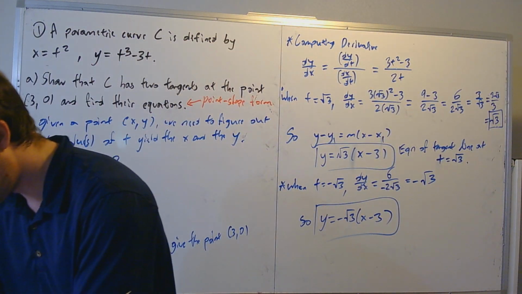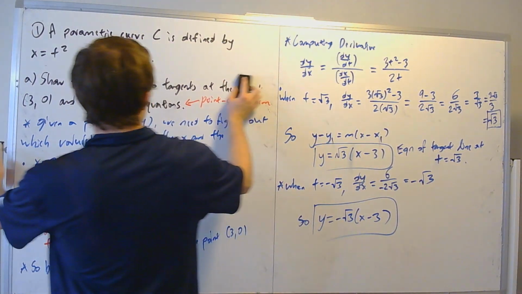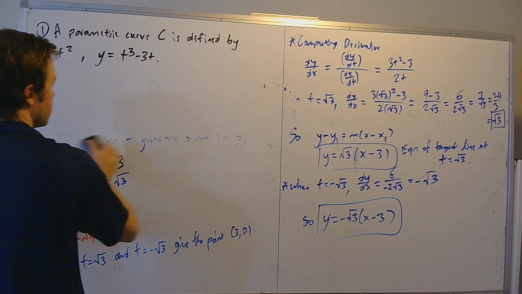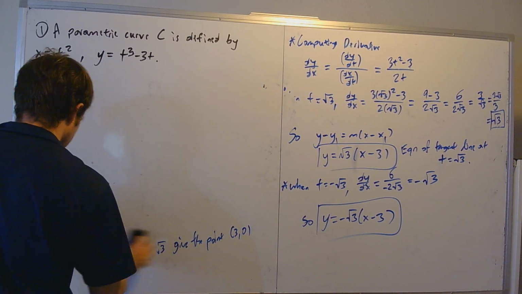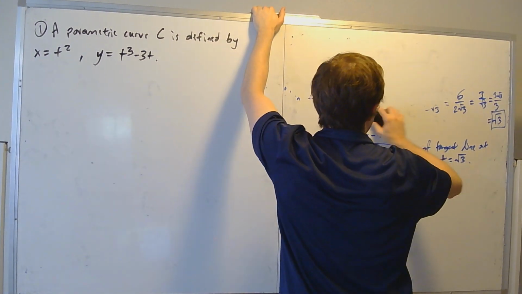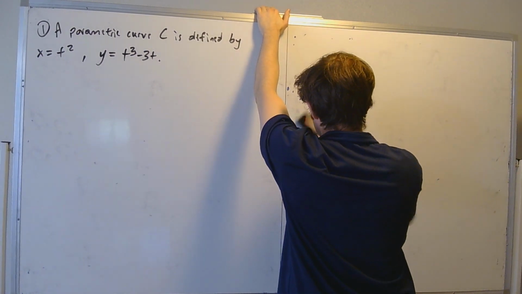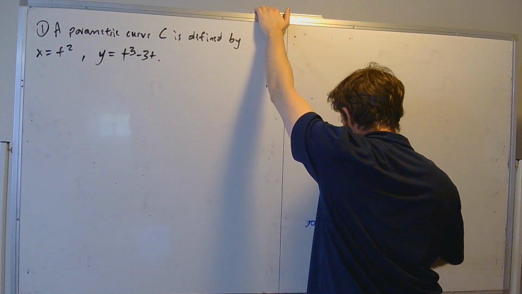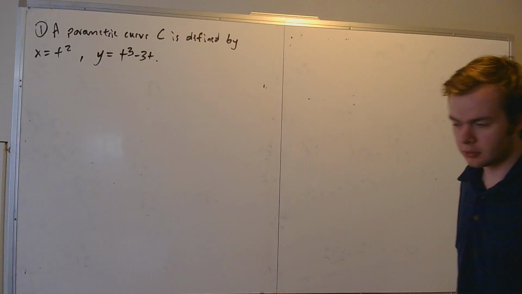Now, part B. Let me erase this here. So at that point, we found 2 different tangent lines on the curve at that one point.